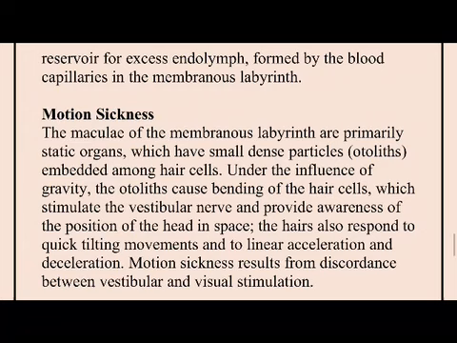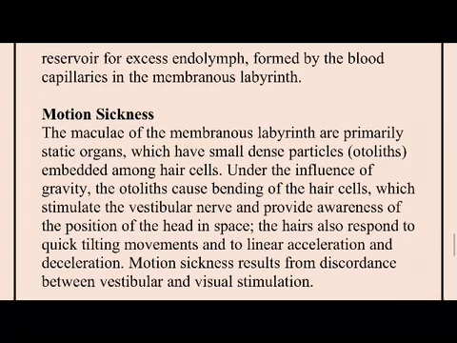So what happens is that under the influence of gravity, the otoliths cause bending of the hair cells. So what happens afterwards? There is stimulation of the vestibular nerve, and this provides awareness of the position of the head in space.